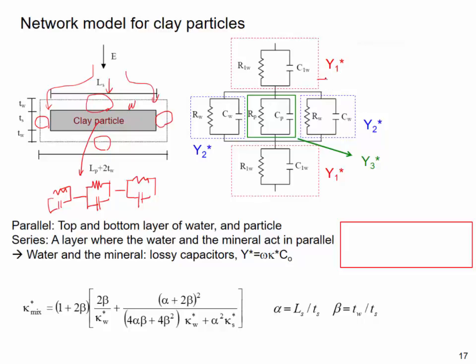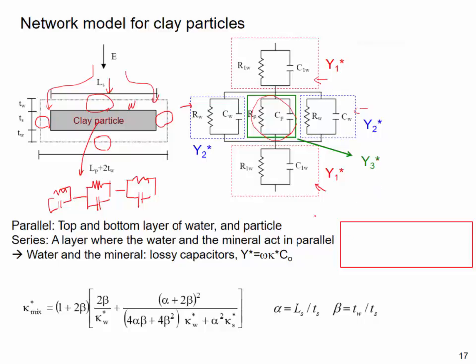So this is the water layer, and the water layer at the top and bottom, and this is the water at the edge of the clay particle, and this is the clay particle solid itself. So you have Y1 star, Y1 star, and Y2 star, and Y3 star. So basically there are 3 materials connected to each other, and this can represent one clay particle surrounded by the double layer of the water.